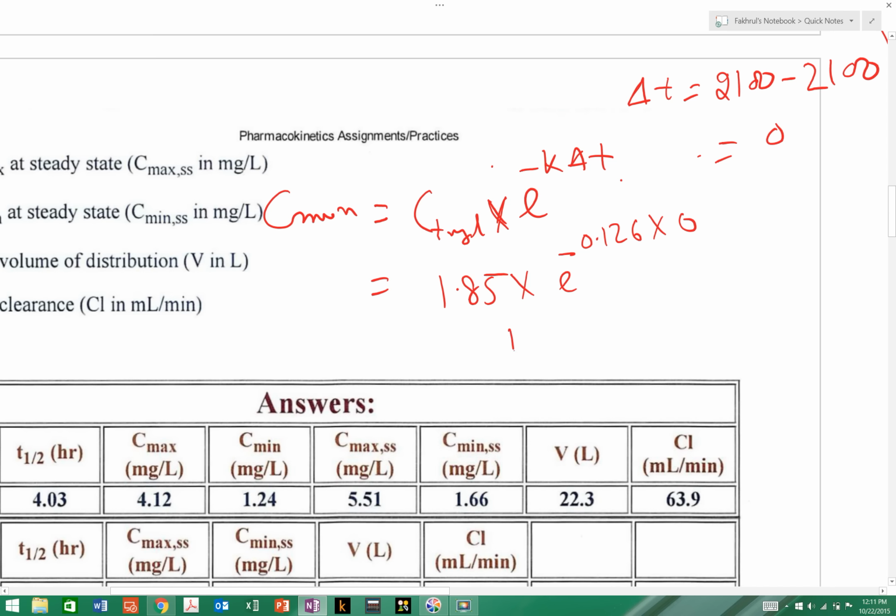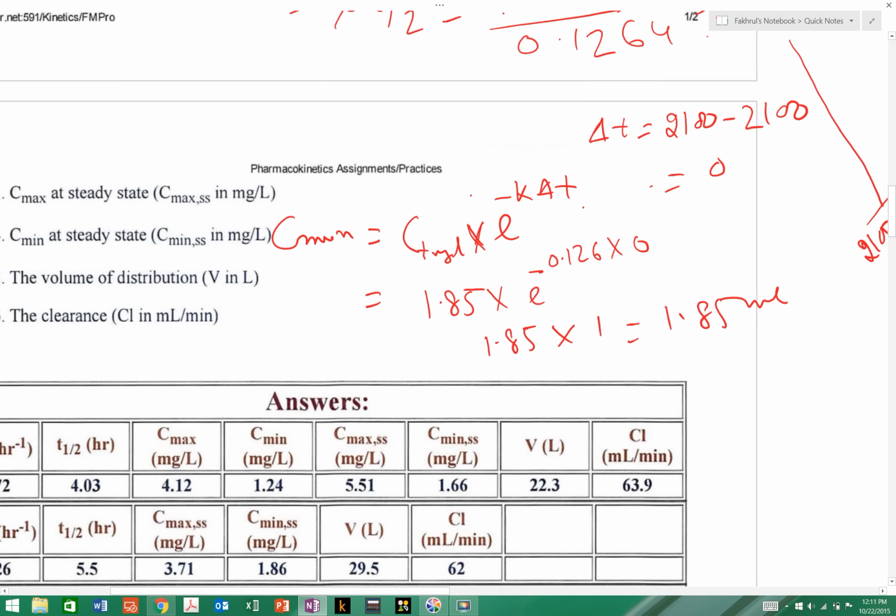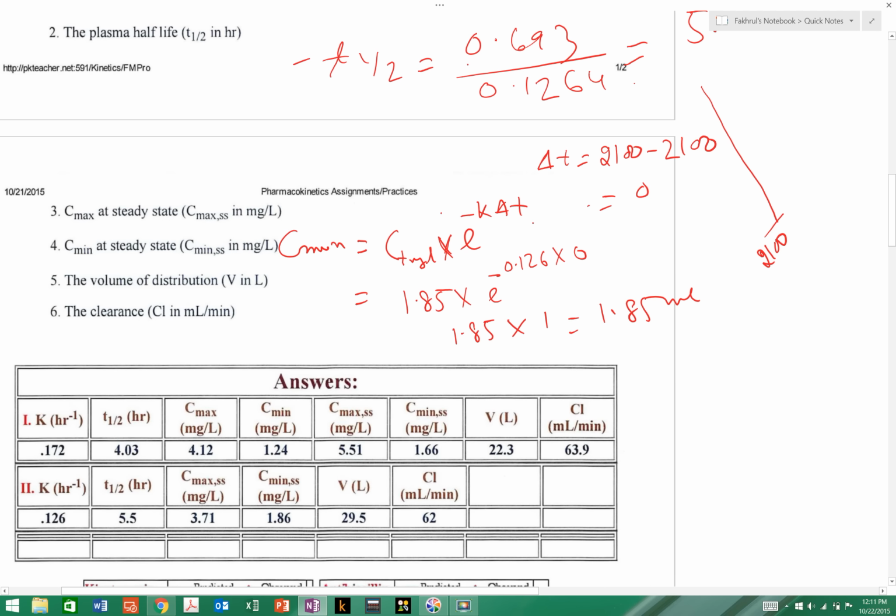So 1.85 times 1 is going to be 1.85 milligram per liter. In this case, when you see this, there is no difference. The delta T is 0. The Cmean and C trough are going to be the same. Does it make sense? You may get confused, but I will go over this again.